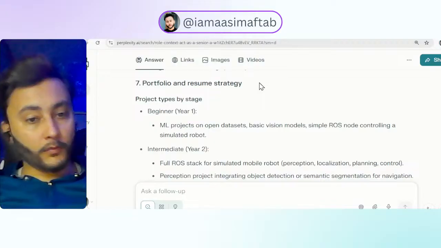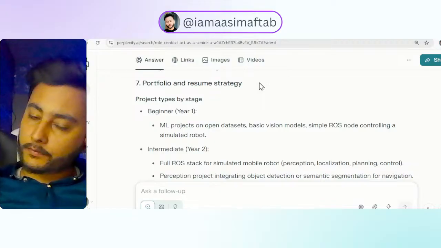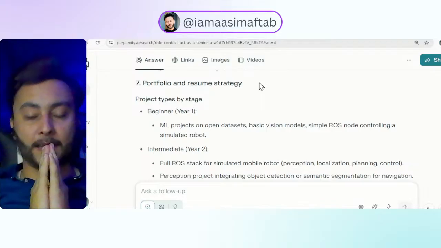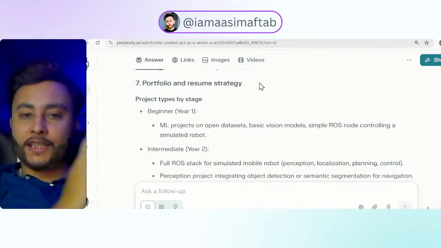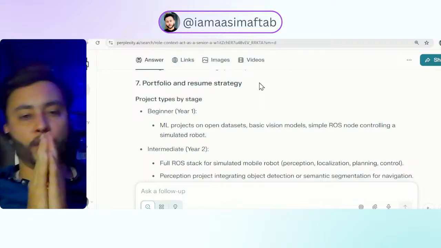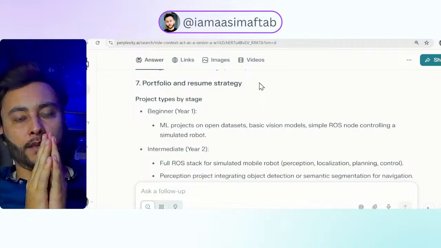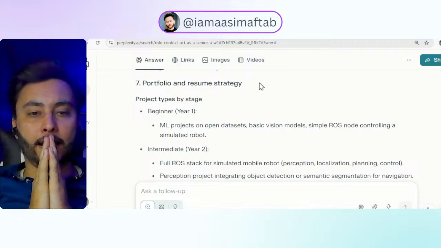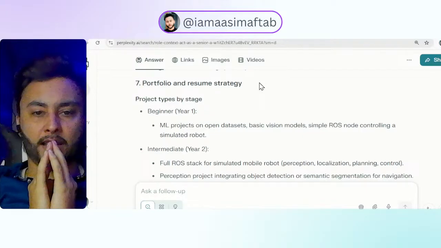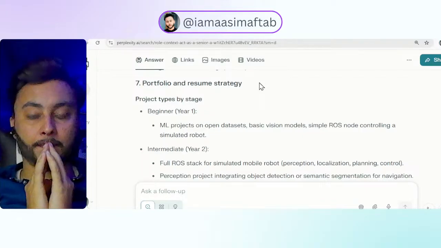To sum up everything, the focus area today was how to do research on a specific topic, how to transition from one domain to another, where to learn things, where to master different kinds of elements, and how to do research the proper way, how to master anything in the next 6 months or in a year.